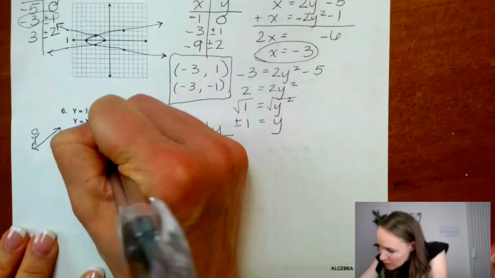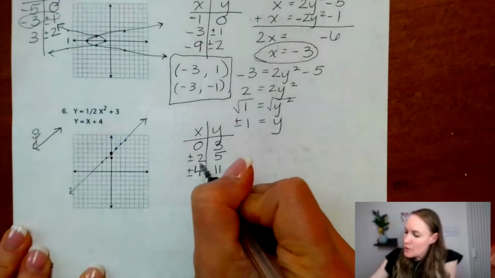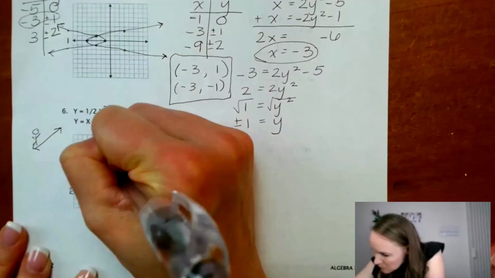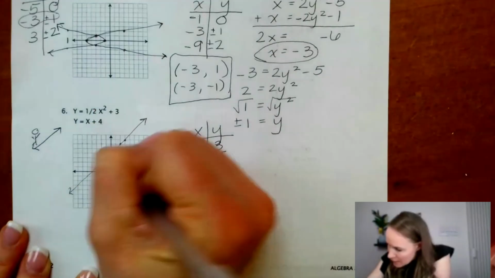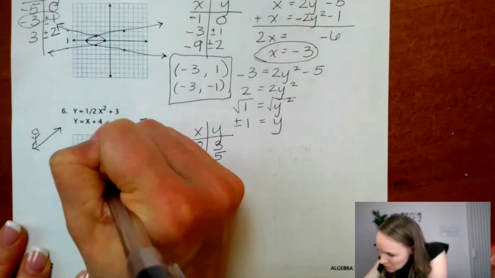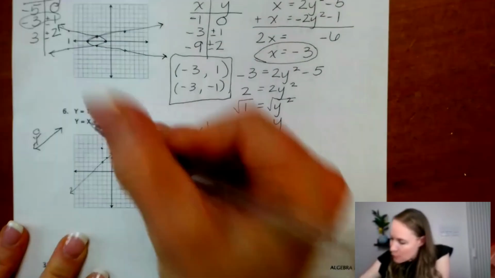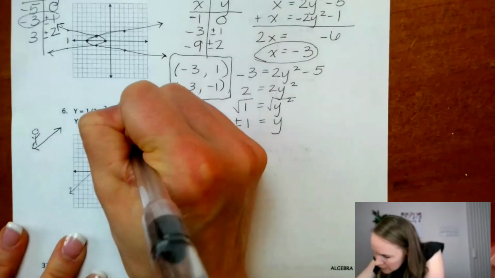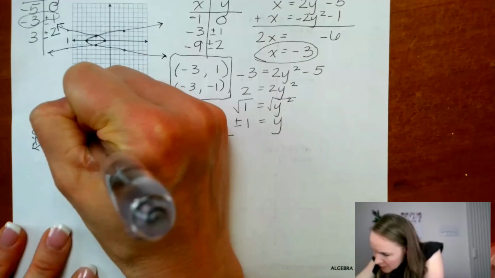0, 3, 1, 2, 3, plus minus 2, 5, and then negative 2. Okay, and then plus minus 4. And it's off my graph a little bit, but that's okay.